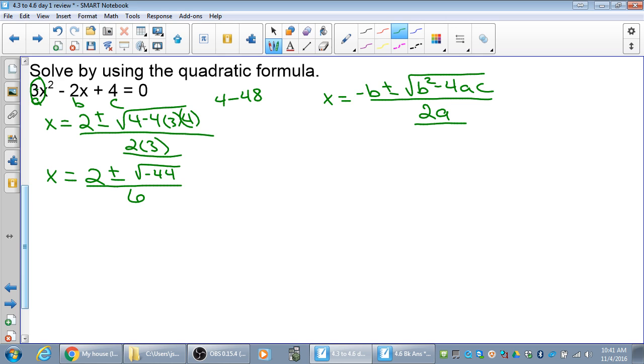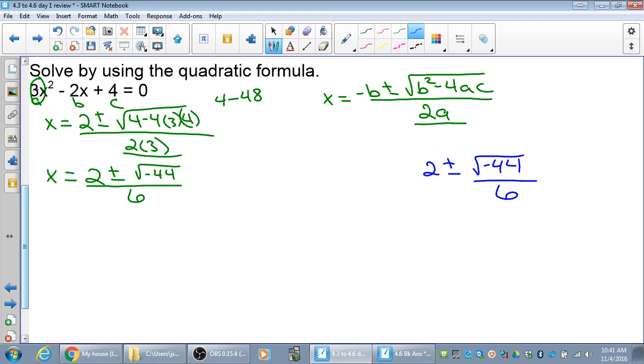Now, we've gotten to the point where we're pretty much done, with the exception of, are we done with the radical? That dang radical. It just makes us do more work, and yeah, we've got more work to do. Not only that, if you have this answer so far, if you have 2 plus or minus the square root of negative 44 over 6 like that, that is very wrong.